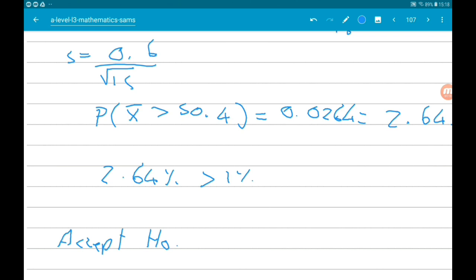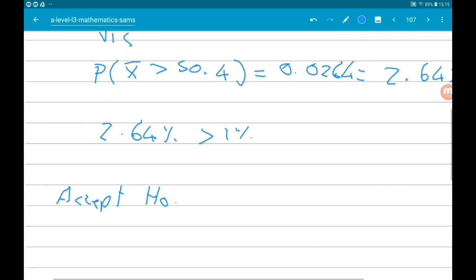And then you need to finish with a statement. So think about what we were finding. We were trying to find whether or not there was evidence that the mean length was greater than 50.1.